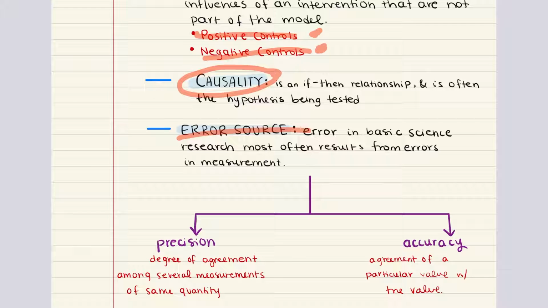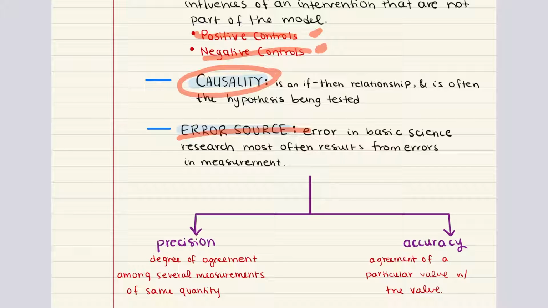These errors often stem from flaws in the experimental setup, such as a miscalibrated ruler that might consistently measure plant heights too short. Random error, on the other hand, results from unpredictable fluctuations, such as slight differences in environmental conditions that vary from day to day.